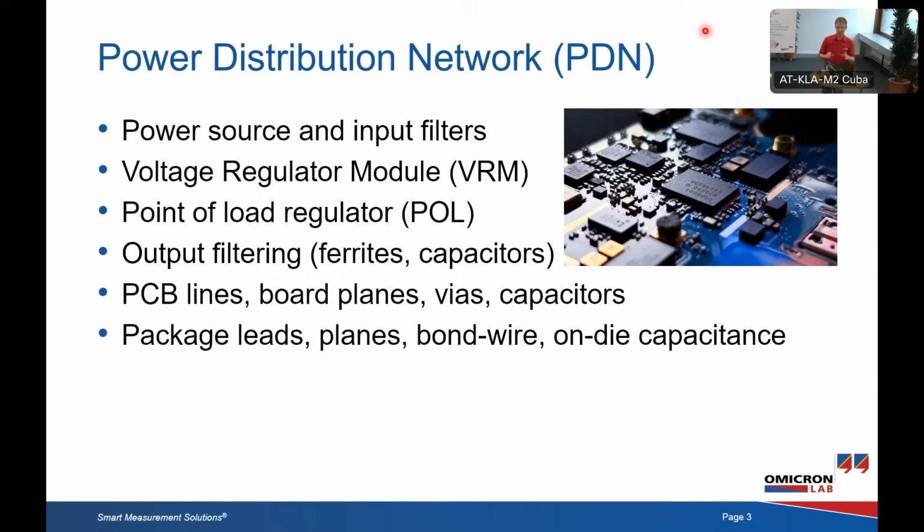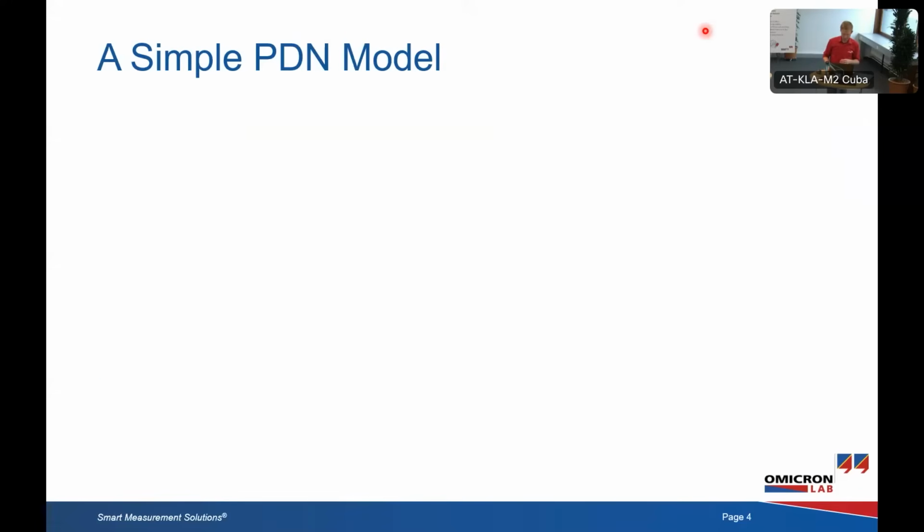When we are done with the PCB, there is the package of the load, where there is a lead, internal power planes, the bond wire, and on-die capacitance, and then we are at the end where the load really sits. But the current needs to return to where it comes from, so the return path, often a ground plane, is also part of that consideration.